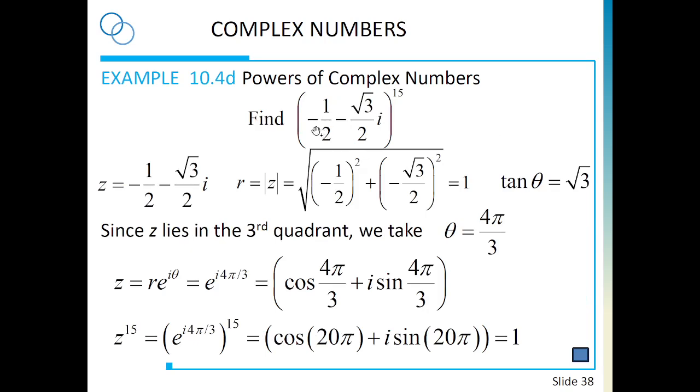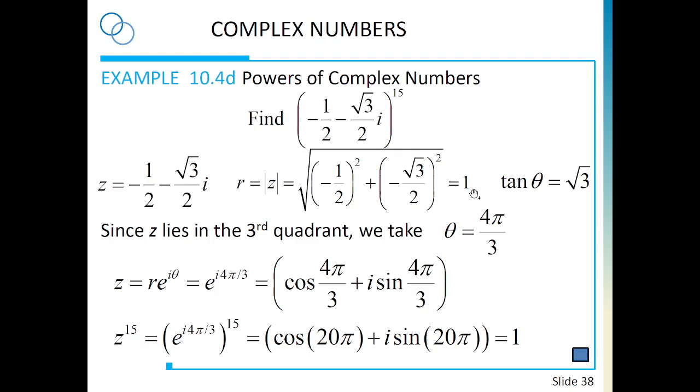Another one. Here x is negative and y is negative, so we are in quadrant number 3. We need to be mindful when we compute the angle to be in quadrant number 3. To compute the modulus, we take the real part squared plus the imaginary part squared, and then the radical.